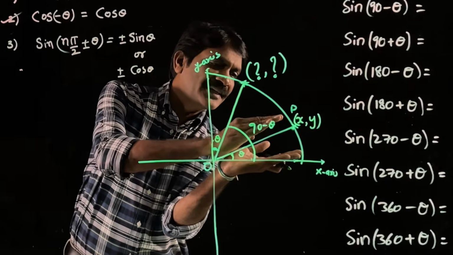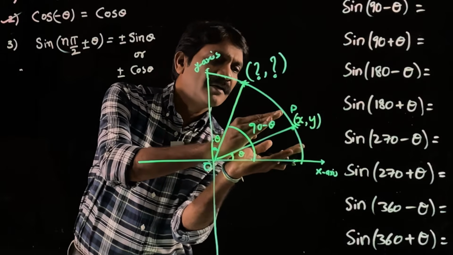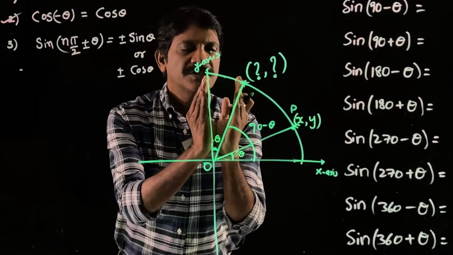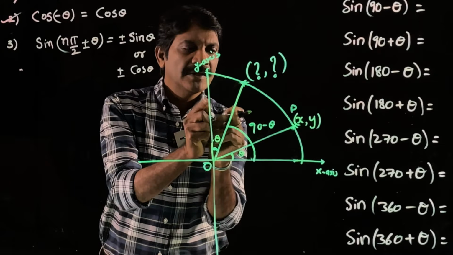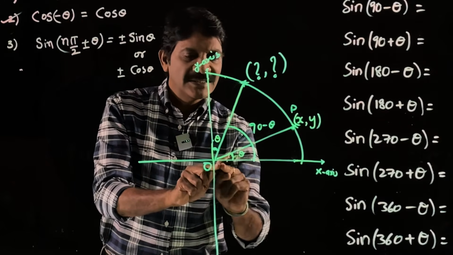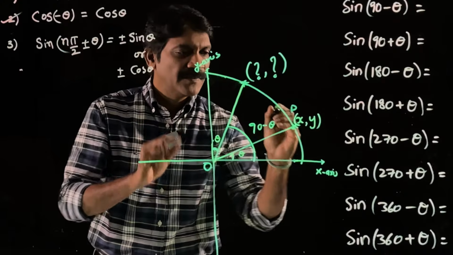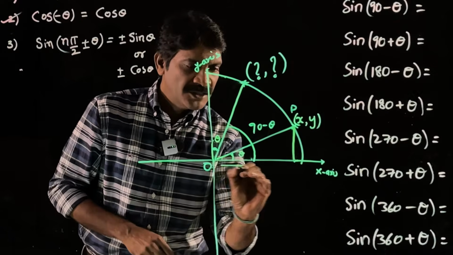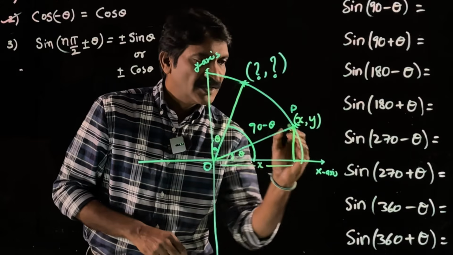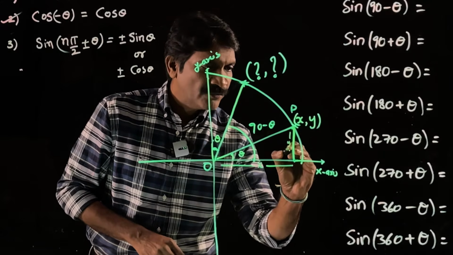Here we do one thing. Let us rotate this angle like this. The new position of this angle will be here. So this length is same as this length. Here if I draw a perpendicular from here to here, this distance will be x and this distance will be y.